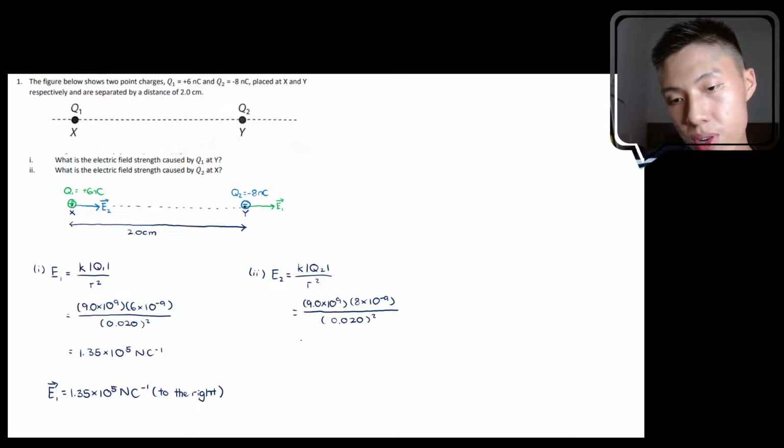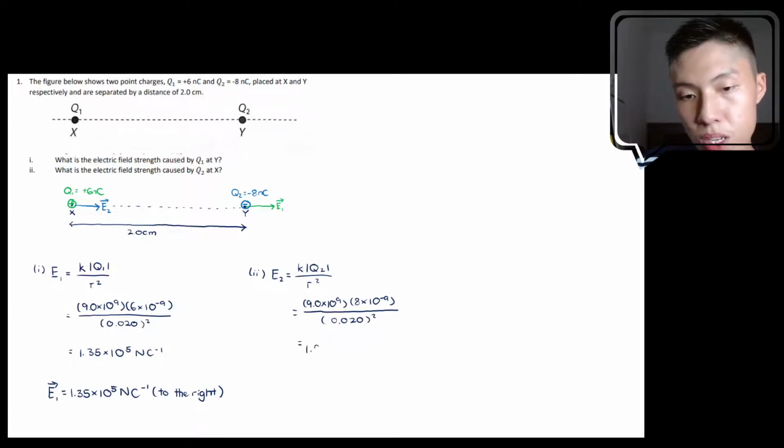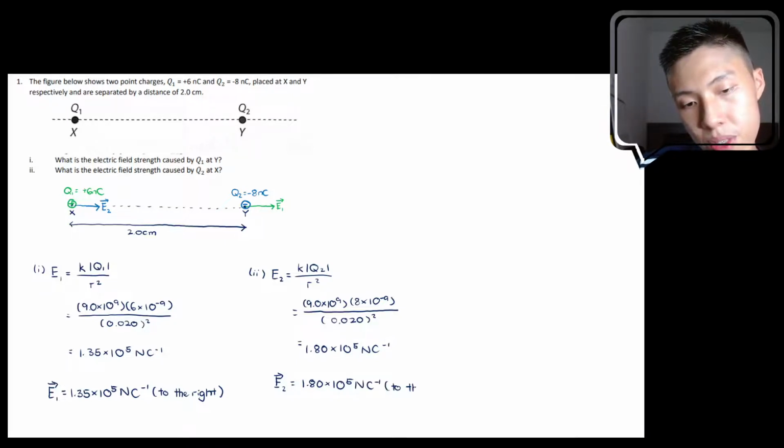If you calculate it, I believe the answer you get will be 1.80 times 10 to the power of 5 Newton per Coulomb. If you express it in terms of a vector, then you include the direction: 1.80 times 10 to the power of 5 Newton per Coulomb, and again, this one is to the right.